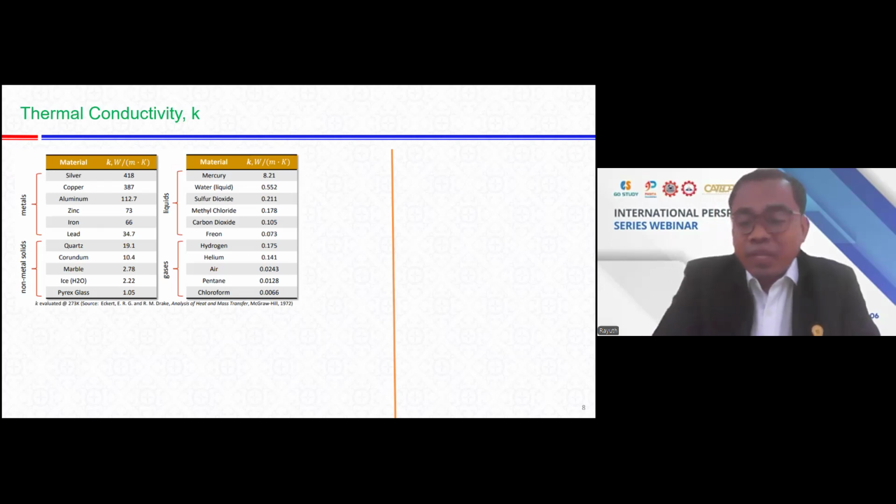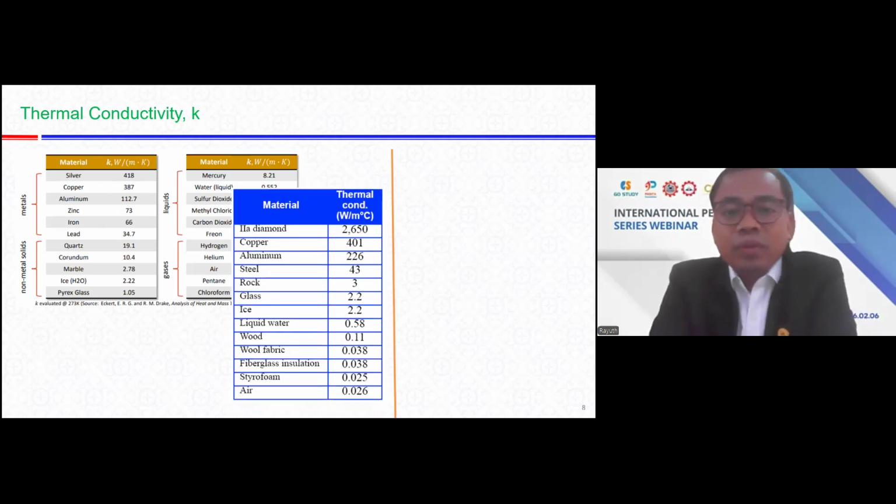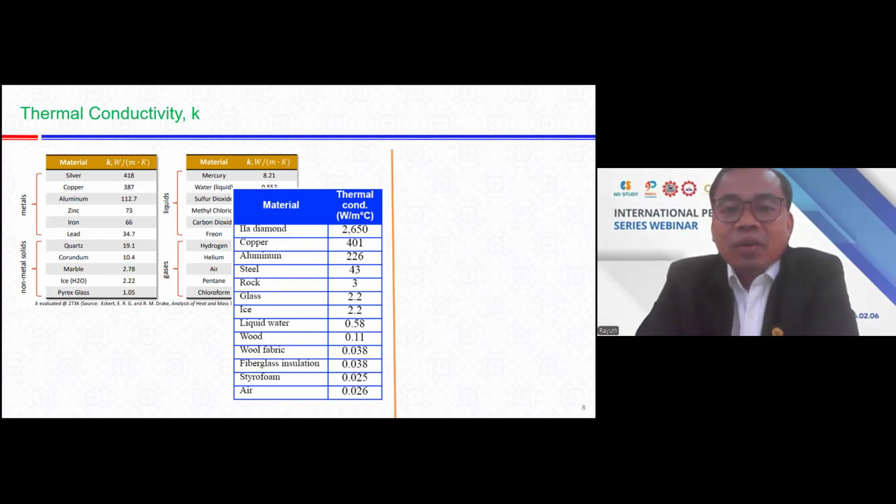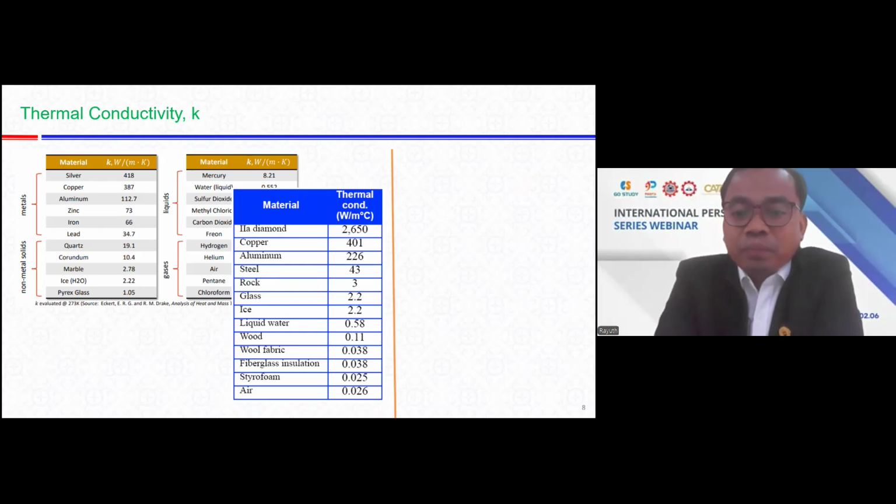So I will pass on to other materials like diamond, copper, and steel. One I use is steel, also glass, and some materials like glass wool or bricks are also used.